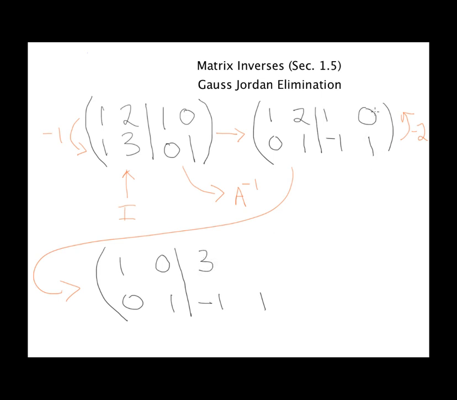And minus 2 added here gives you minus 2. And now, since this matrix is the identity, this matrix here is the inverse, and that is the inverse that we computed before.